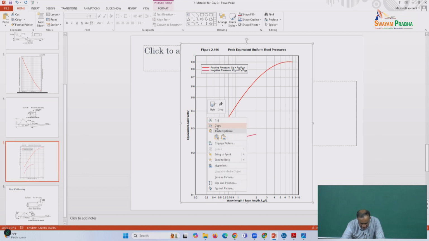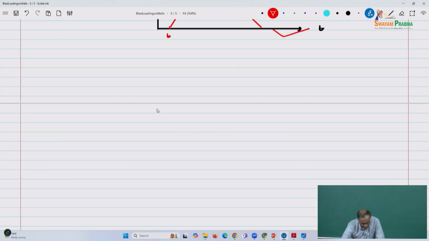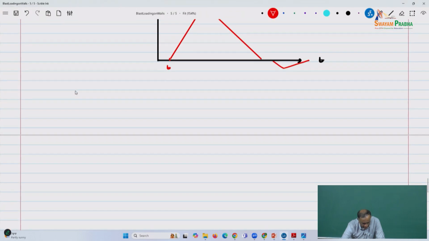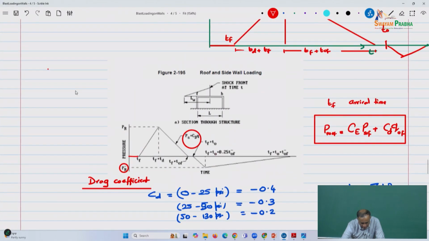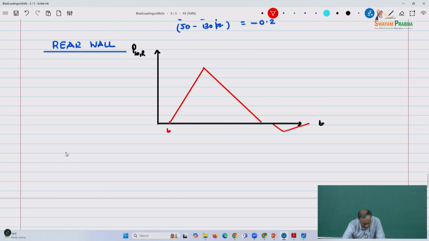I forgot to mention this. In the previous one, I used a coefficient CE. That coefficient is, let me insert it here.